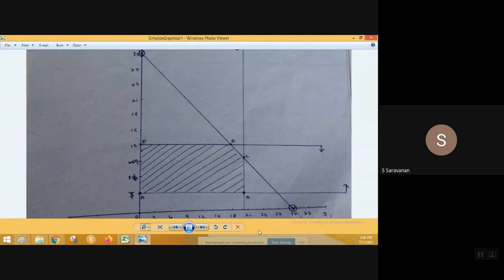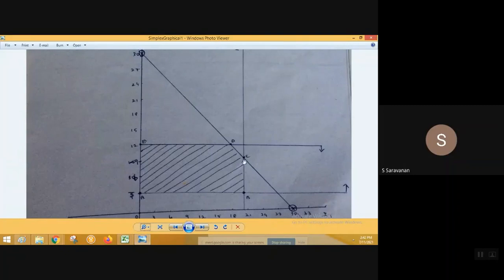Okay, so 5 points you will get. For this problem, you will get 5 points. So 0, 3, 0, 12, 20, 0. And these two, I think, something like 18 and 12. 18, 12.